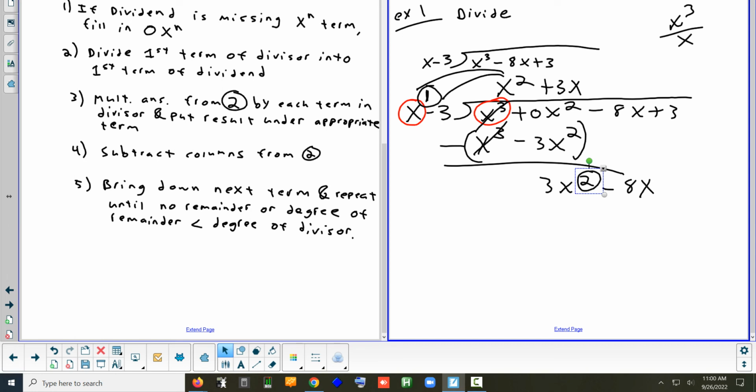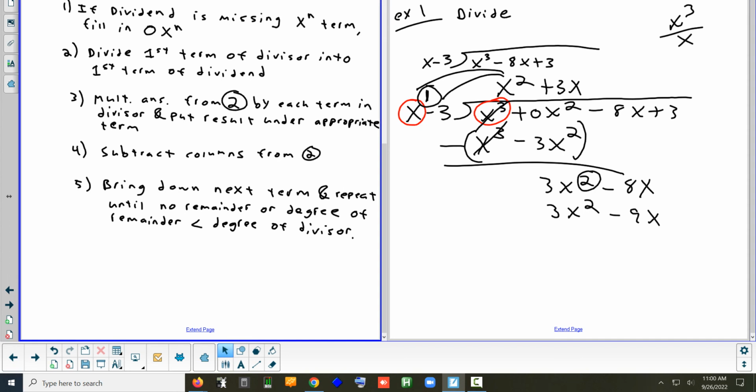Multiply it back out. Kian, what's 3x times x? 3x squared. That should always happen because that should cancel. And what's 3x times negative 3? And this is why I had to bring down the 8x, so I keep everything lined up in a column. Subtract.